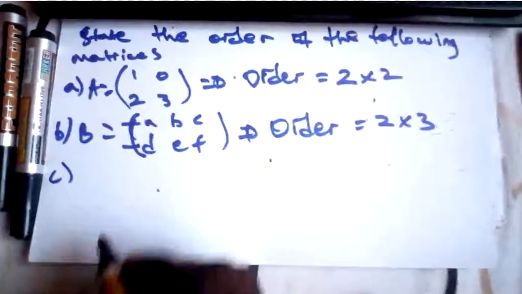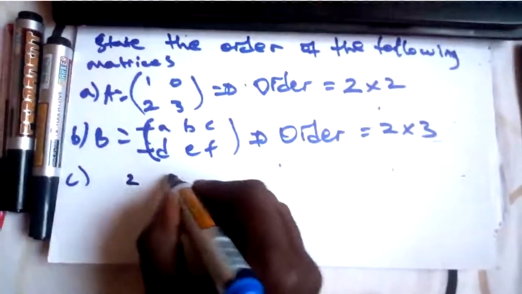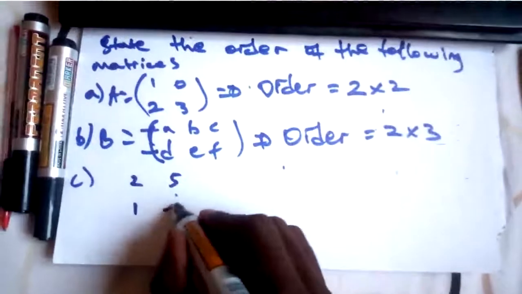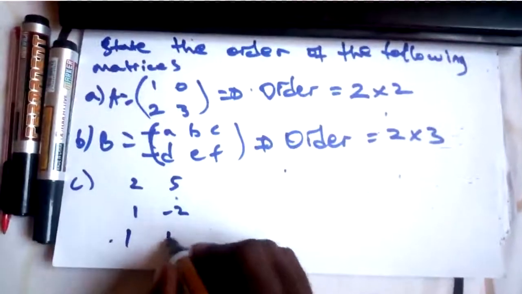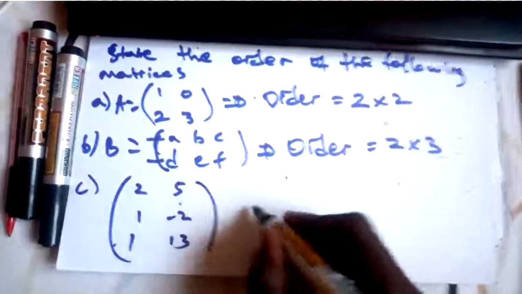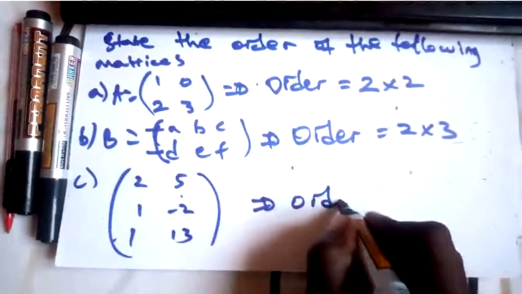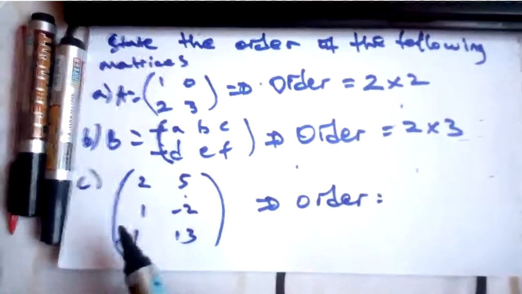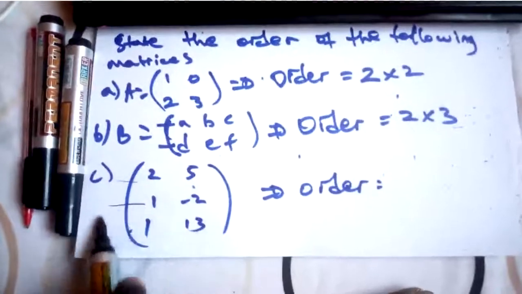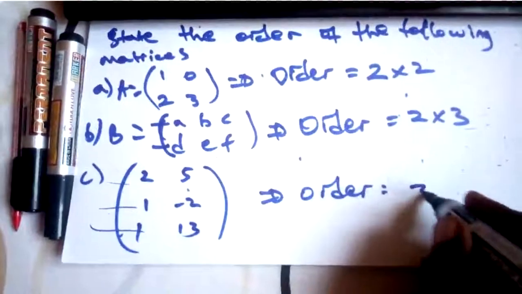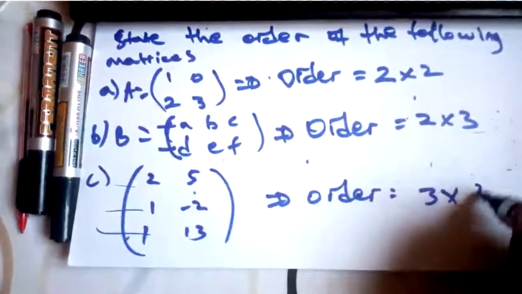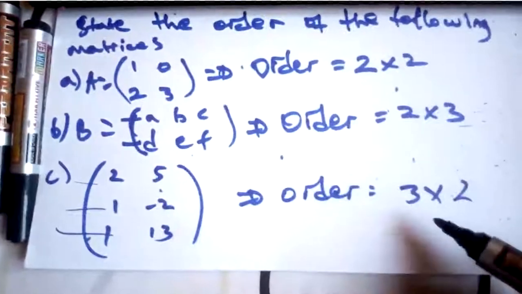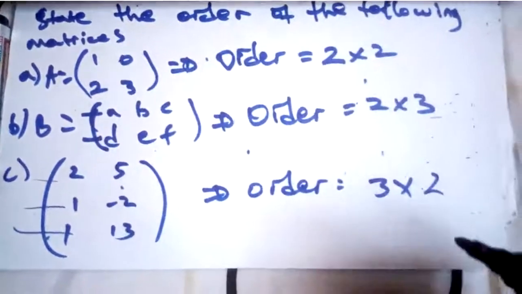Let's have another one. I can have 2, 5, 1, negative 2. Let me have 1 and 13 there. The order of this matrix: how many rows? 1, 2, 3. So it is a 3 by 2 matrix, meaning that it has 3 rows and 2 columns.